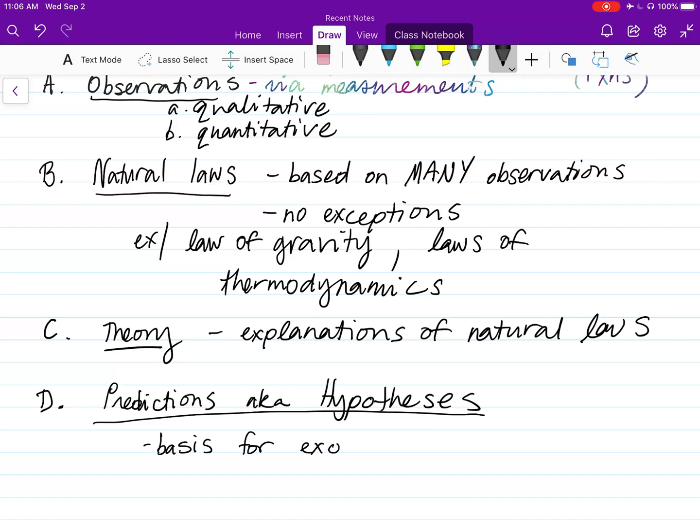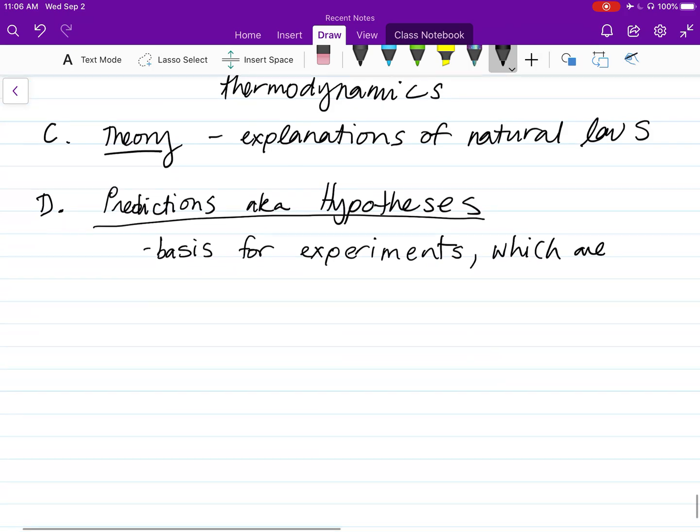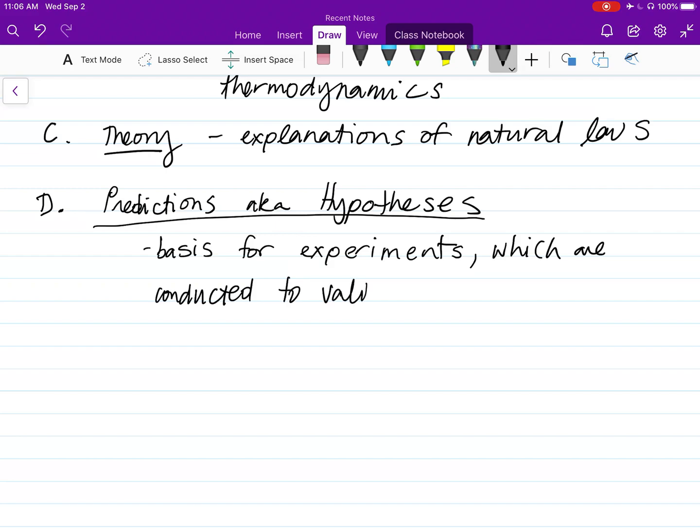A hypothesis is a statement that you make, and then you do an experiment to try to prove the hypothesis right or wrong. Okay, so experiments are conducted to test the hypothesis, to validate or improve a theory.